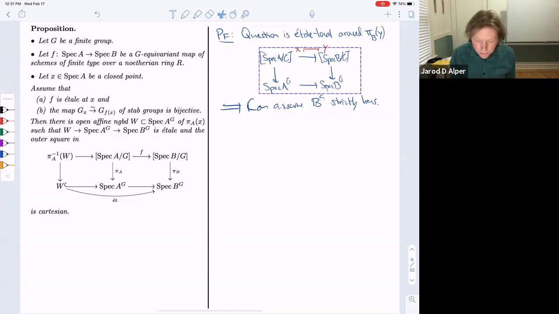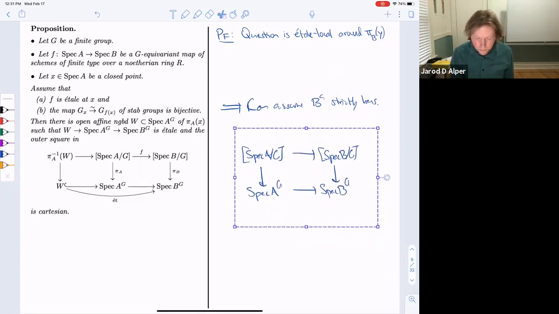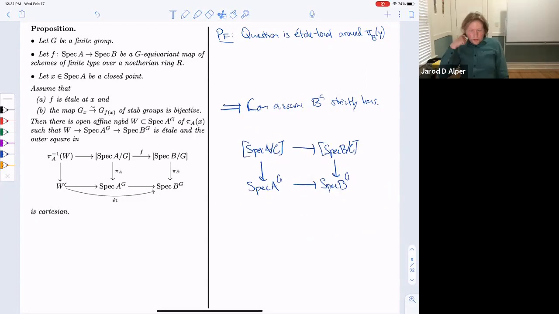And so, let me use this diagram again. Here's the strategy. We're assuming now that this is strictly Henselian. So that implies that B itself, because it's finite over its invariants, is also Henselian.